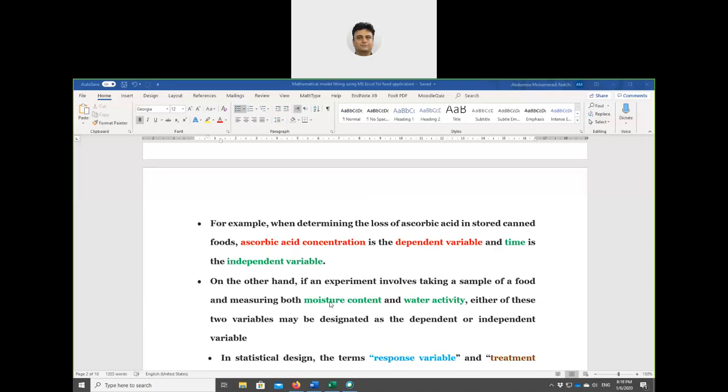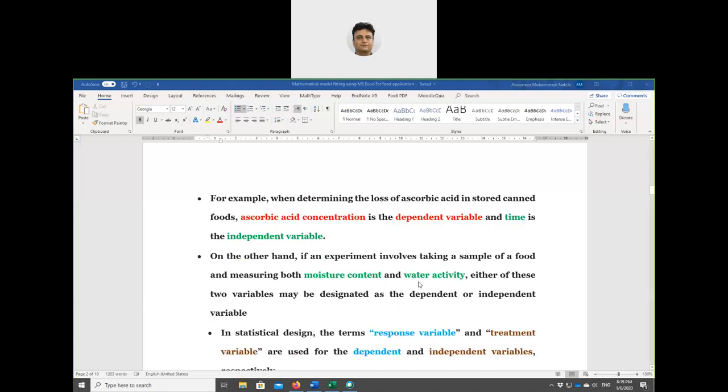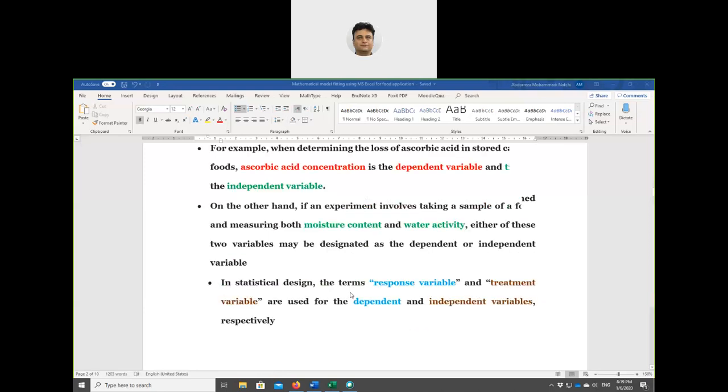So it is based on the designation, based on the experimental design. It has a different meaning: moisture content depends on water activity, or sometimes water activity depends on moisture content.